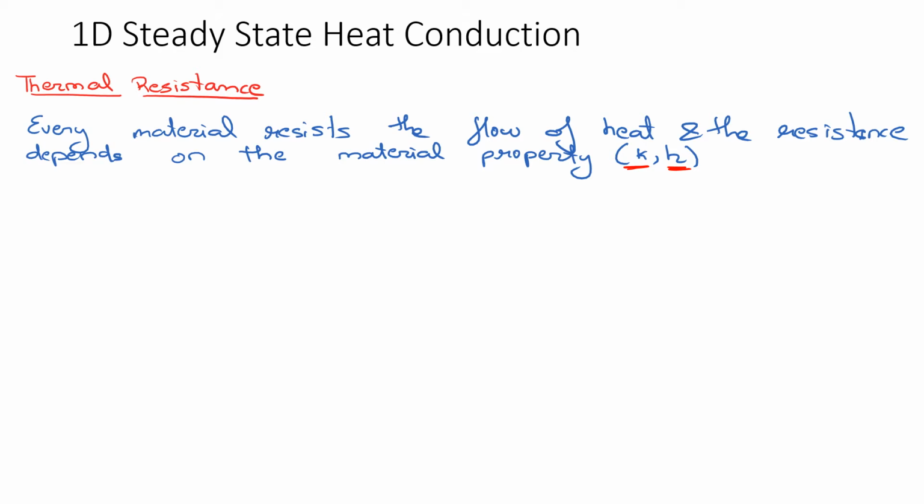It may be your iron pan, so the iron resists the flow of heat, and that's why it does not allow the entire pan to be at the same temperature. So what it means is that it takes time for the temperature of the pan to even out. That's because of the thermal resistance offered by the iron pan, and the extent of thermal resistance depends on the thermal properties.